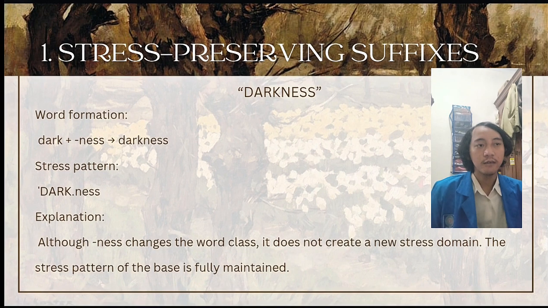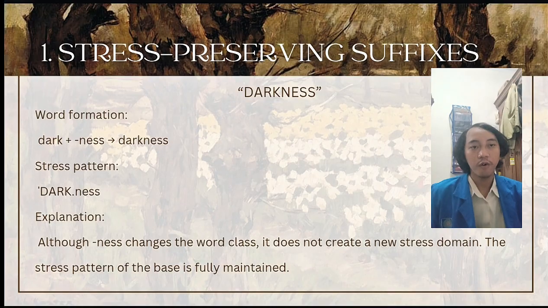The next slide, darkness. Word formation: dark plus ness becomes darkness. Stress pattern: darkness. Explanation: although ness changes the word class, it doesn't create a new stress domain. The stress pattern of the base is fully maintained.